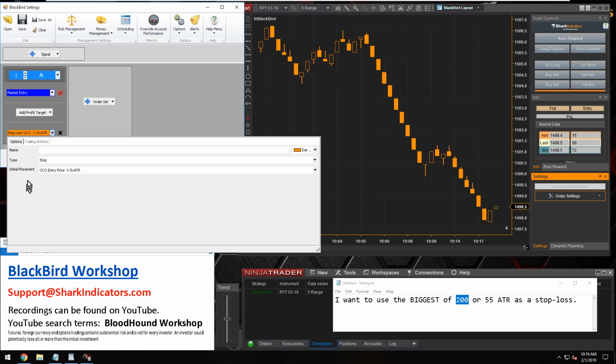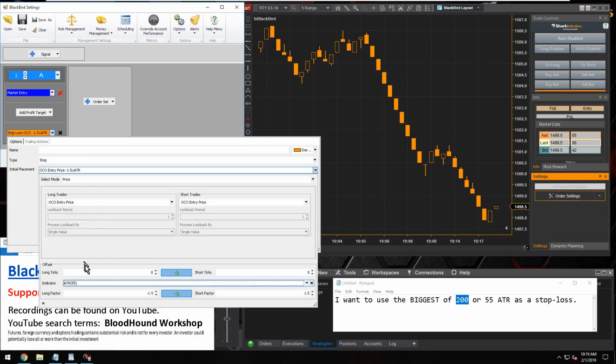So what'll happen is the stop loss gets placed using either your 55 period or your 200 period, whichever one you kind of guesstimate is going to be the larger.